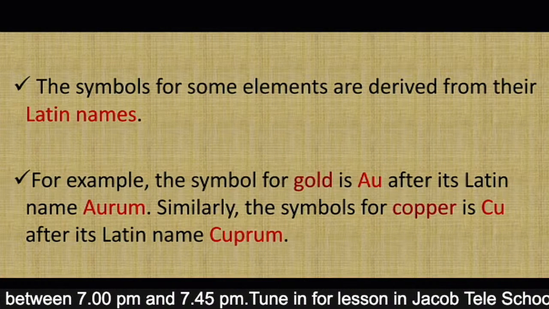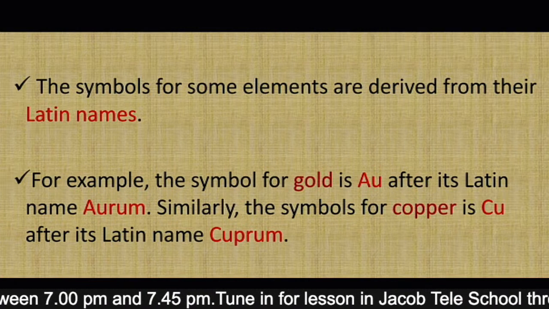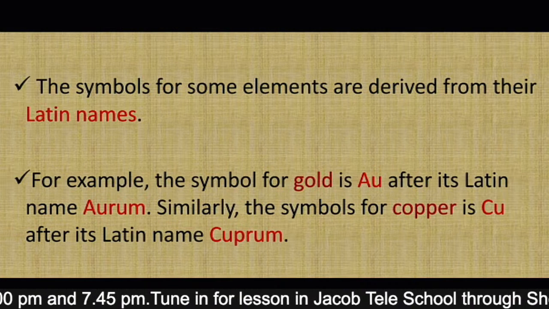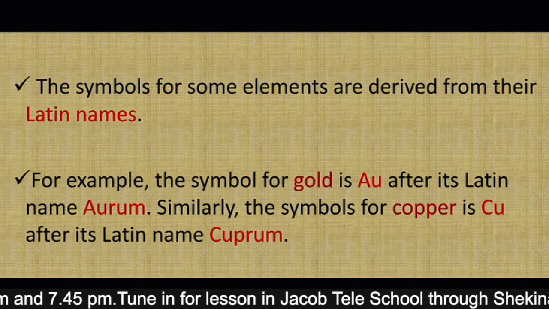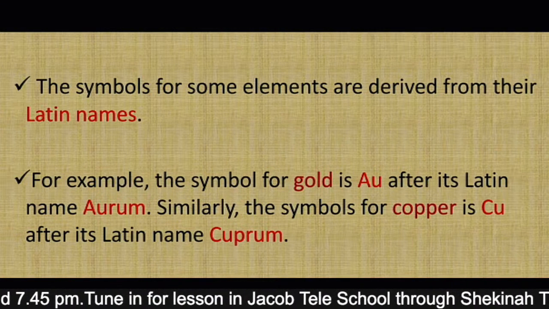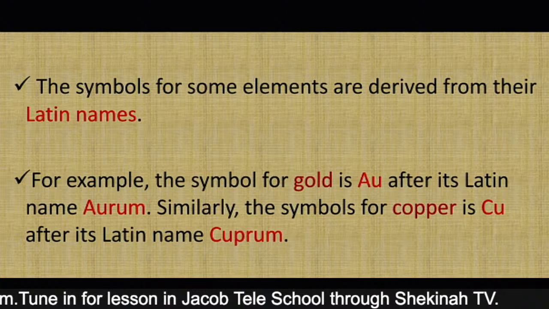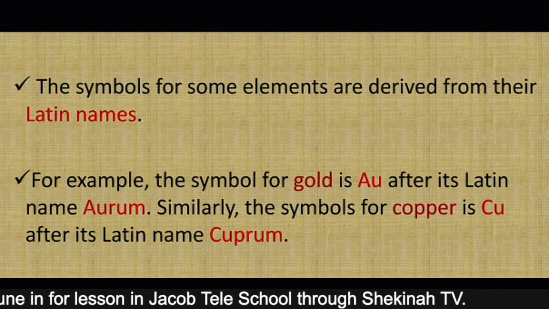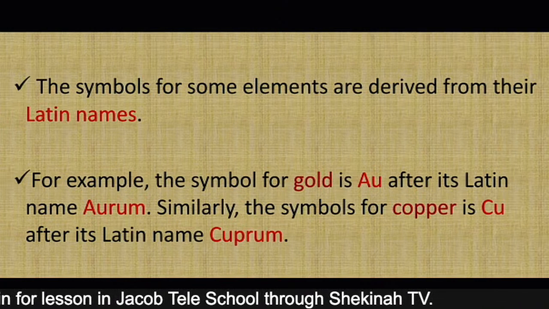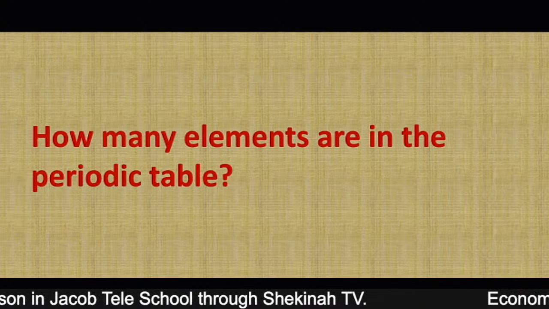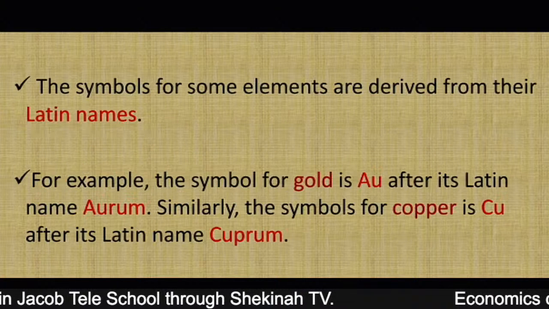That is the fourth rule. The symbols for some elements are derived from their Latin names. For example, the symbol of gold is Au. It comes from aurum. Am I right? Similarly, the symbol for copper is Cu after its Latin name cuprum. Okay? Right. So these all are the rules.